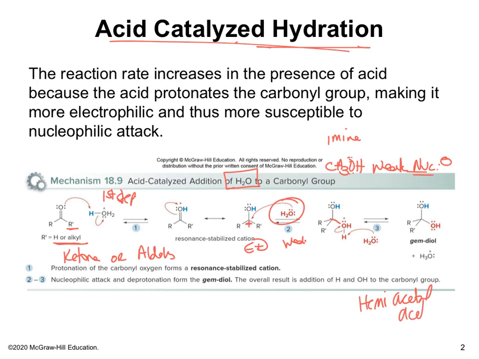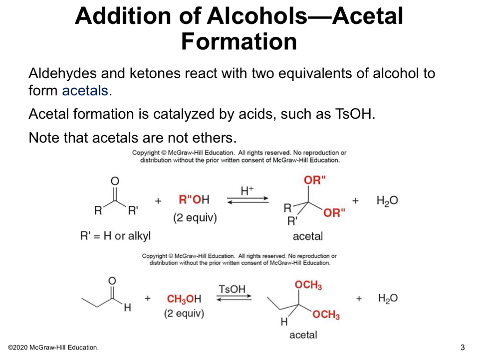Like I said, we're not focused on the hydration as much as making a hemiacetal and an acetal. So you need to know that. So this is review of acetals. More details in the previous lecture. Here, you can't sometimes control how many equivalents you're going to have because usually your methanol is kind of your solvent. But here you're going to have a weak nucleophile.